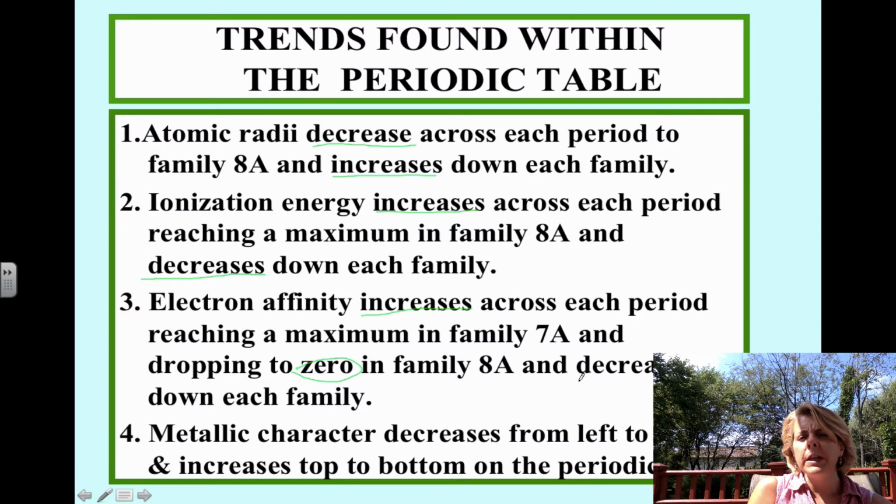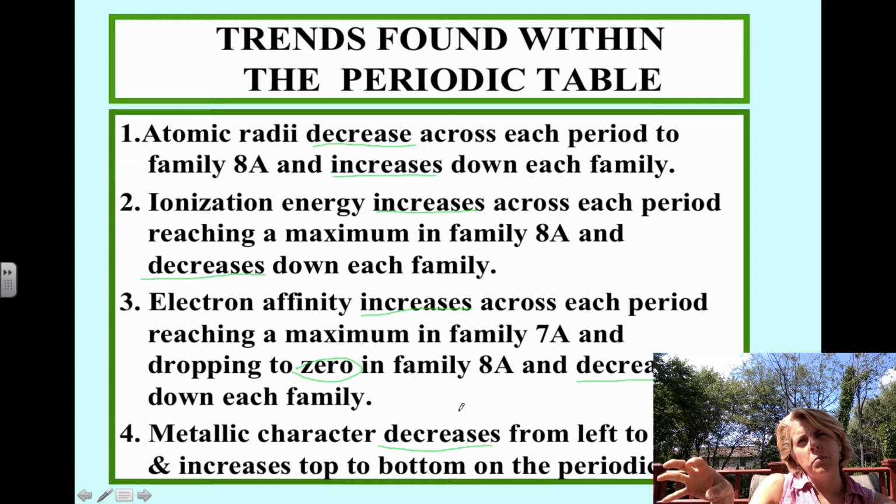However, affinity does decrease as you go down each family, and that makes sense because the electrons are less tightly held, you don't see as much of an energy stability as you get lower down a group.